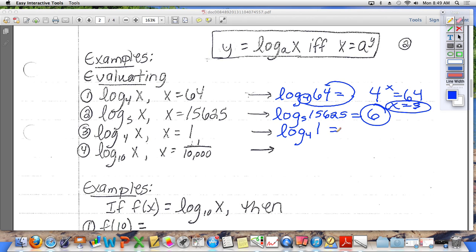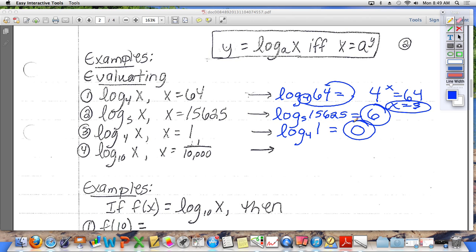We are trying to figure out what power we put 4 to that will get me 1. 4 to what power is 1? 0. Yes, anything to the 0 power is 1. And that's something you probably have to commit to memory. If it's not there yet, you're going to want to commit that to memory. Anything to the 0 power is 1. So this value is 0.